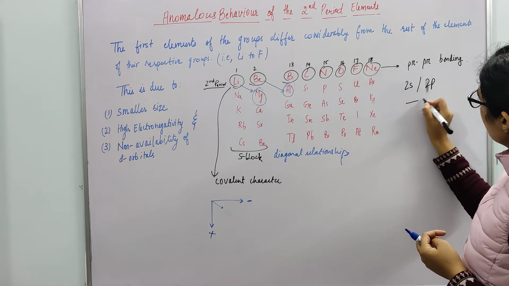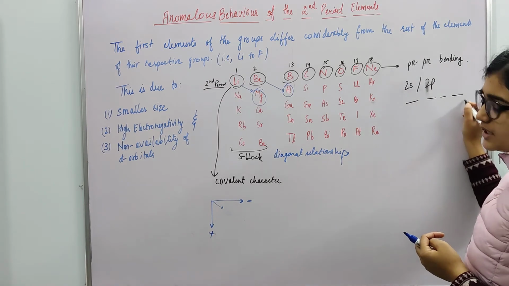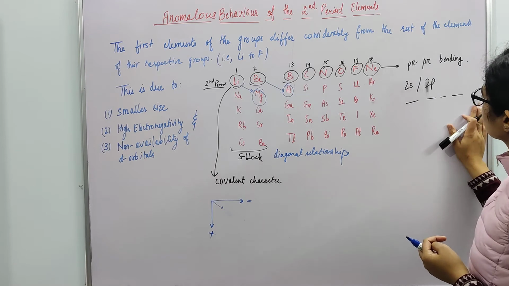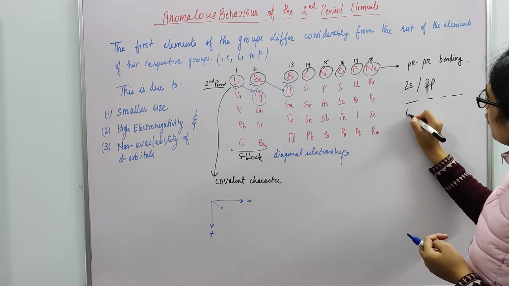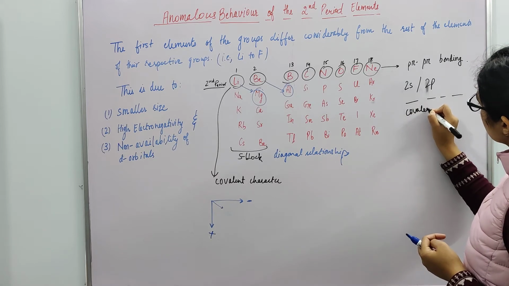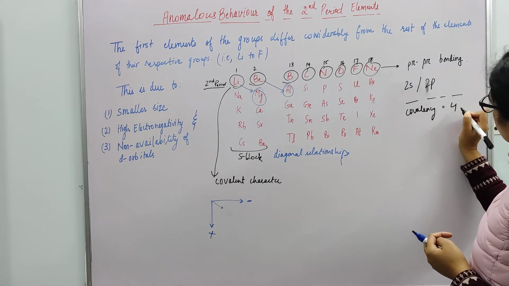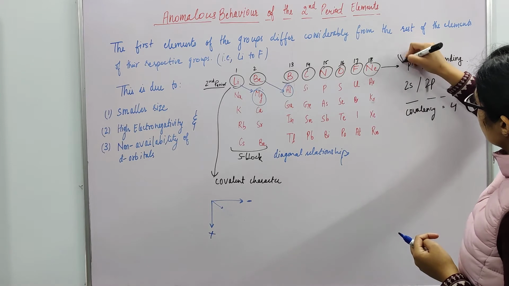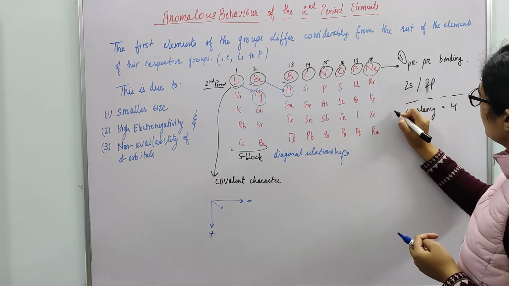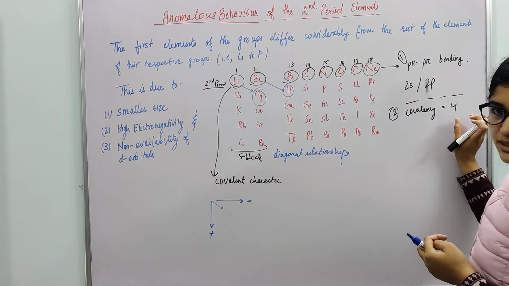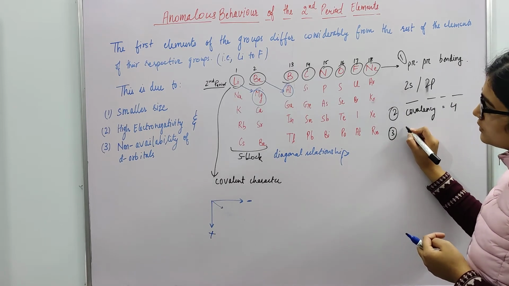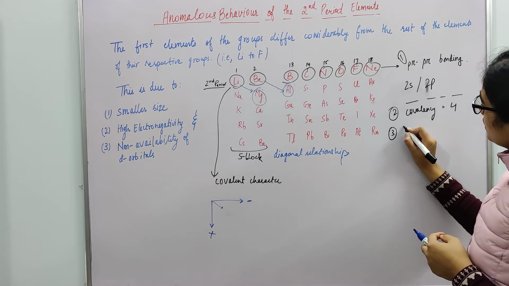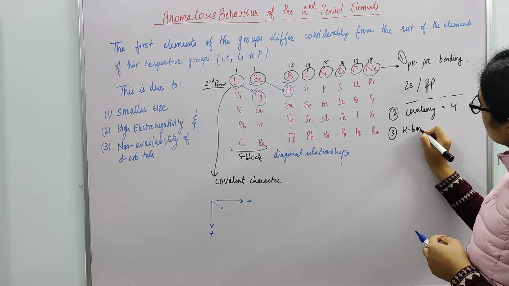So in total they have 4 orbitals participating in bonding. So the maximum covalency shown by these elements is 4. First property is they show p-pi bonding. Second is the covalency is maximum 4. Third is they form hydrogen bonding.